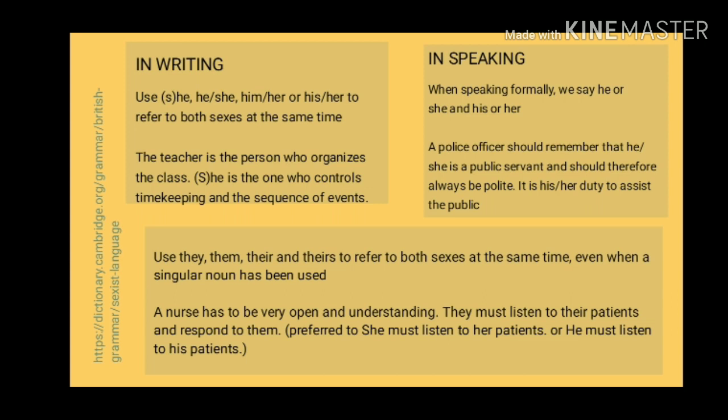But it is safer if you use they, them, their, and theirs, because you can avoid offending someone. Like in the example, a nurse has to be very open and understanding. They must listen to their patients.